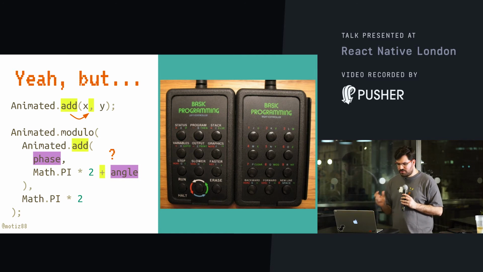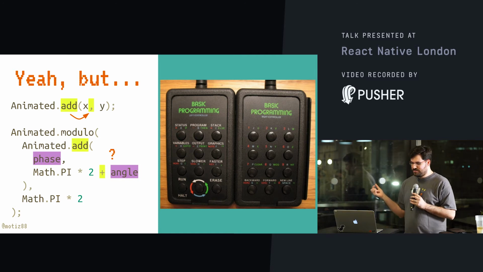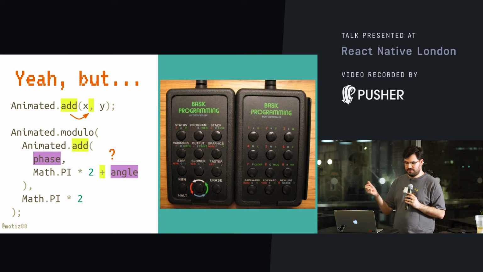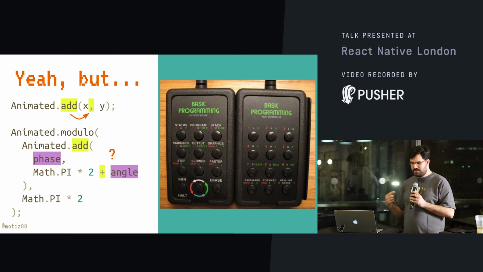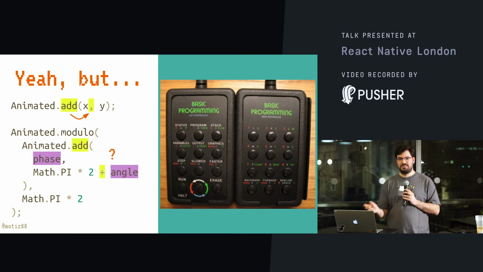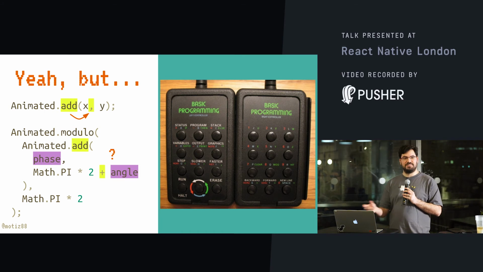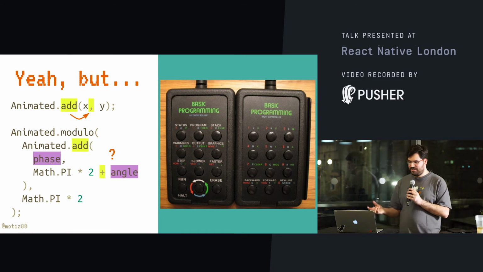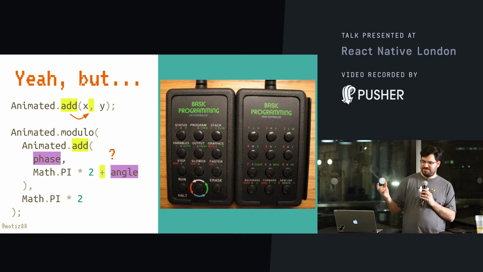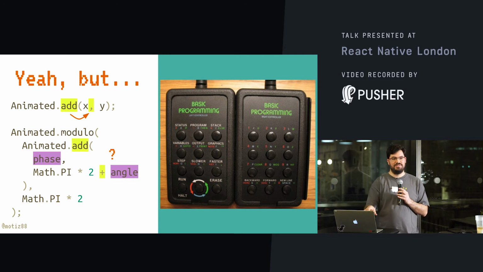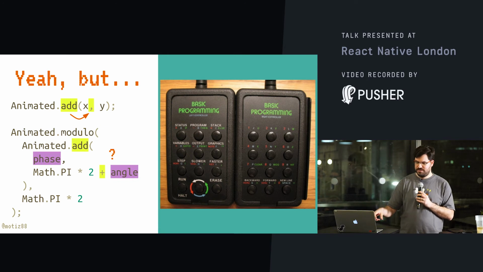Now, a more nuanced point is about types. It's really not obvious in this code what the types of phase and angle are. Remember, I said phase is animated and angle isn't. That actually dictates the shape of the code that uses these variables.